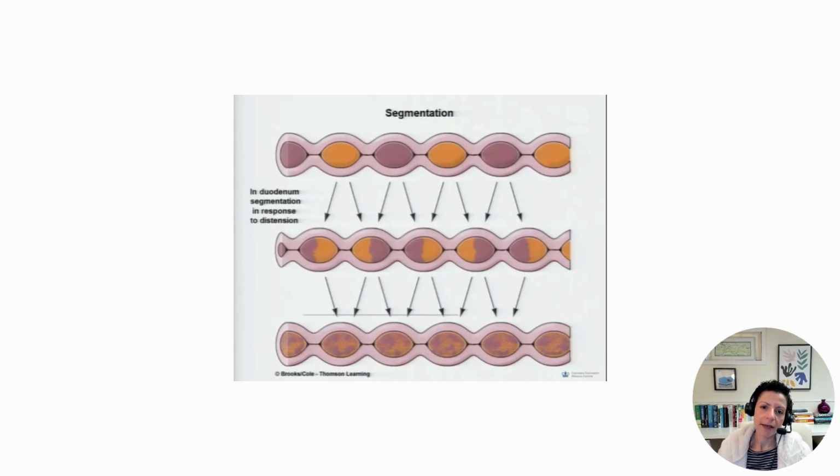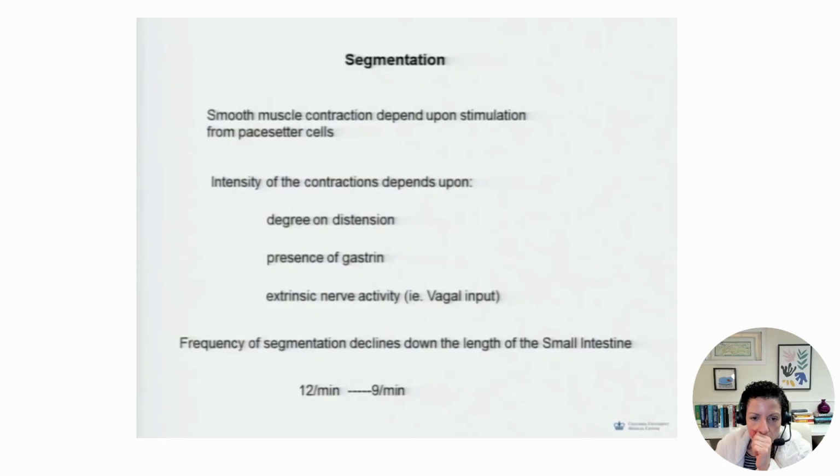But the reason why segmentation contraction can be a propulsive movement is because the frequency of contractions goes down as we move down the small intestine.